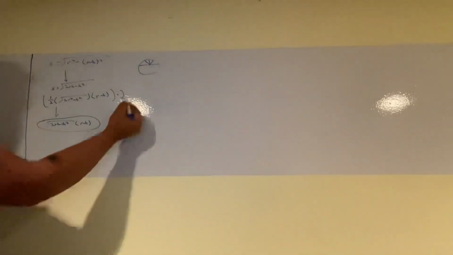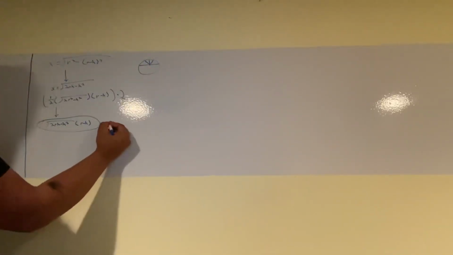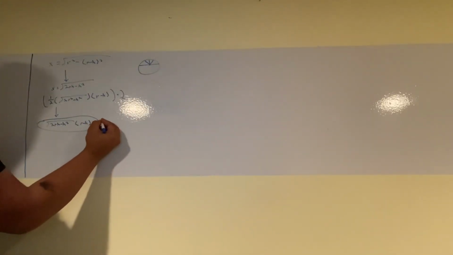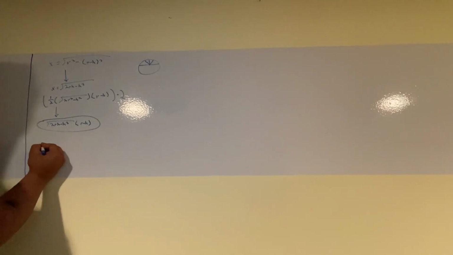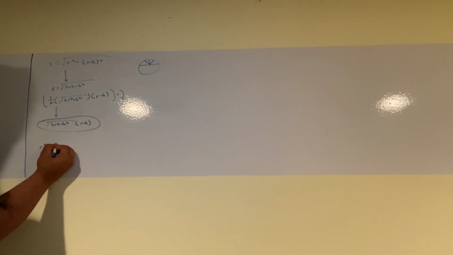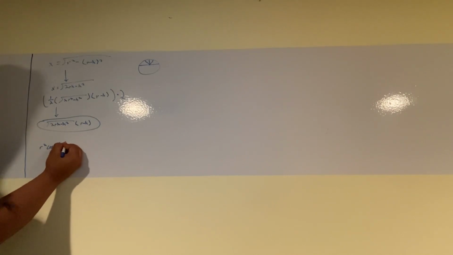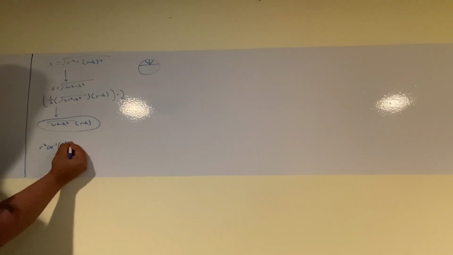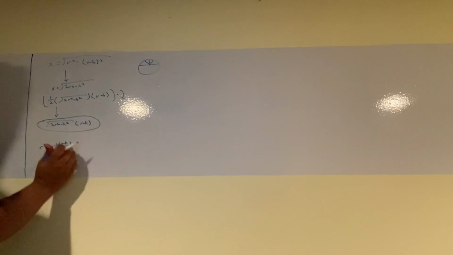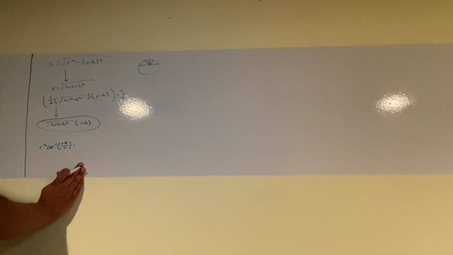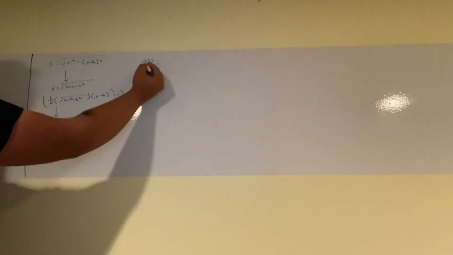So in order to get this cross-sectional area, we do r squared cosine inverse of r minus h over r minus the area of the triangle.